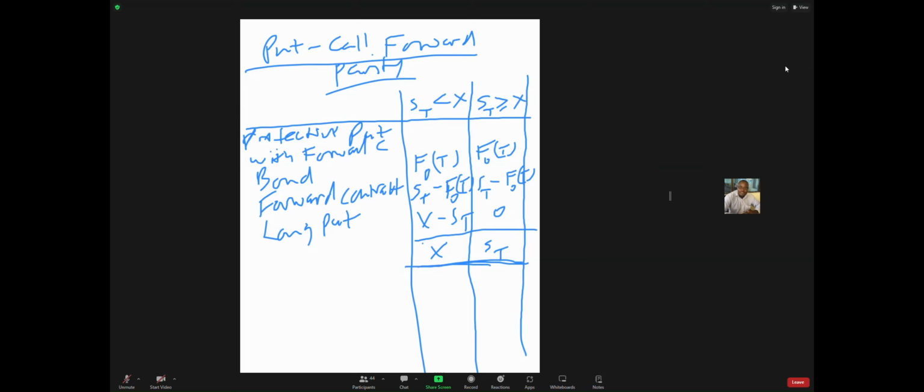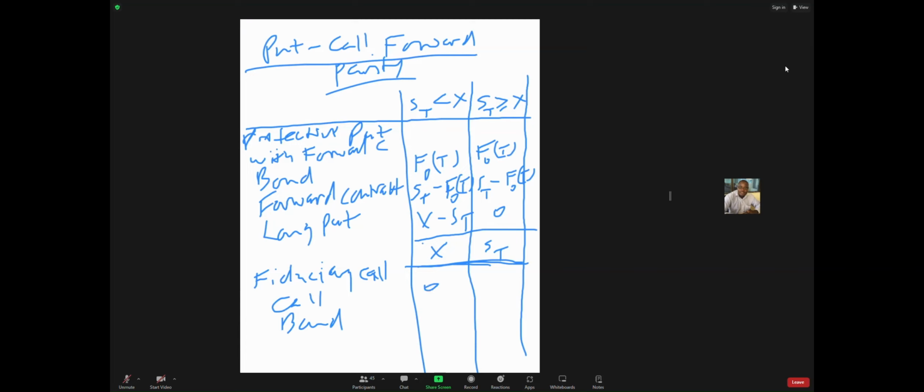Then the fiduciary call, with, of course, forward contract. No, the fiduciary call has no forward contract. So you long the call and then the bond, the same way we had.